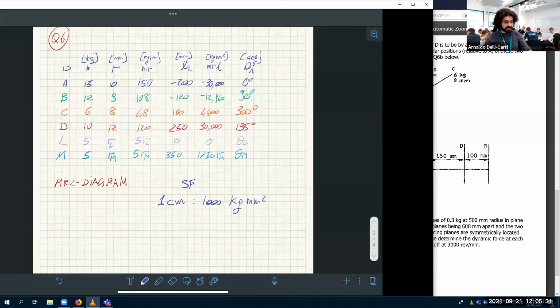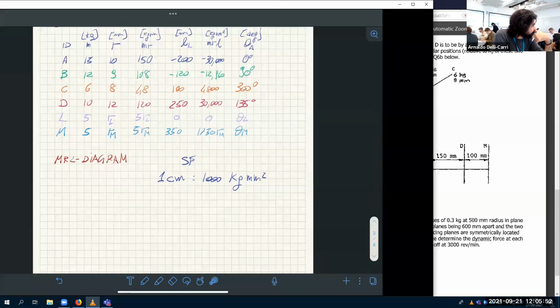So that means that this vector here is 30 centimeters long. This vector is 12.9 centimeters long. This is 4.8 centimeters long. This is 30 centimeters long, and so on. I say, no, this is 30,000.